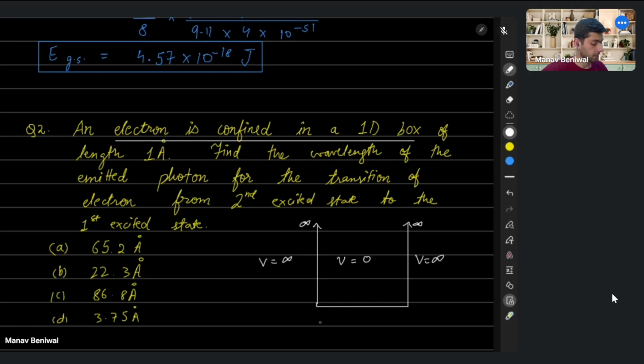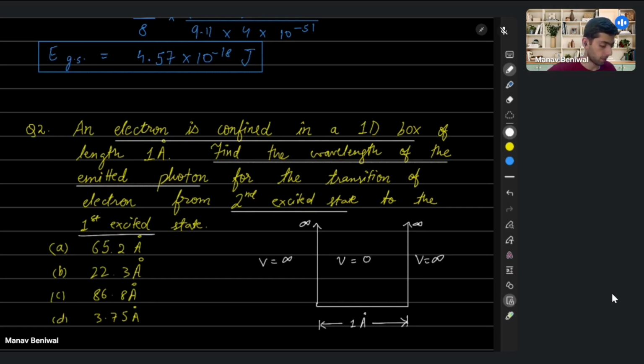And this length is given to be 1 angstrom. Okay, this length is 1 angstrom, and we are required to find the wavelength of the emitted photon, and we have transition from second excited state to first excited state.